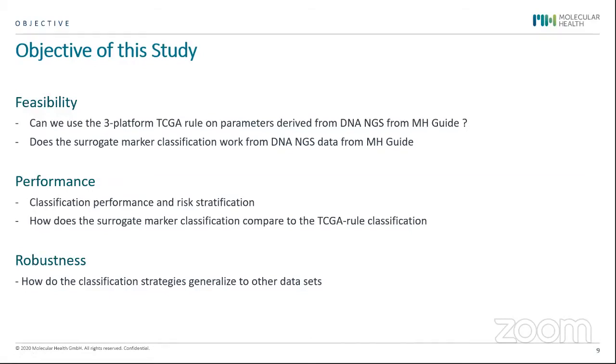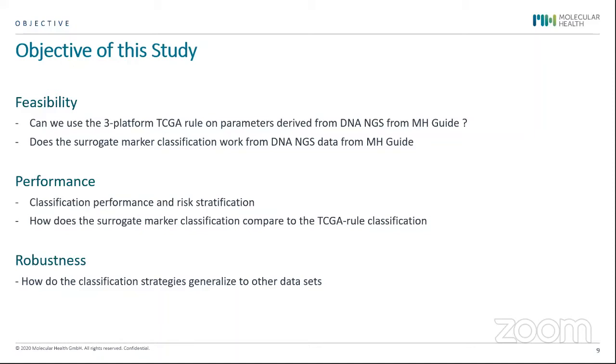So the objective of this study was: can we reproduce this three-platform TCGA rule, this original rule which uses the SNV counts, the MSI status, and the copy number cluster to classify the patients? Can we use this rule on parameters derived from DNA sequencing only using MHGuide? And does the surrogate marker classification work also from DNA data from MHGuide?